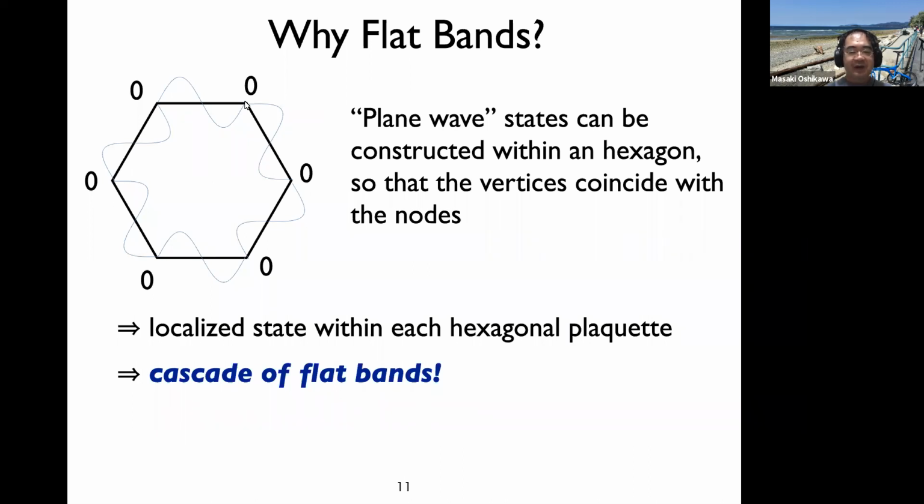Then, for this plane wave state, the amplitude is 0 at the vertex. So electrons cannot go out from this bracket. So this is a localized eigenstate, and it can be an exact eigenstate of the network Hamiltonian. You can put this localized plane wave in each bracket. So this gives a flat band, that is, energy independent of the wave number.